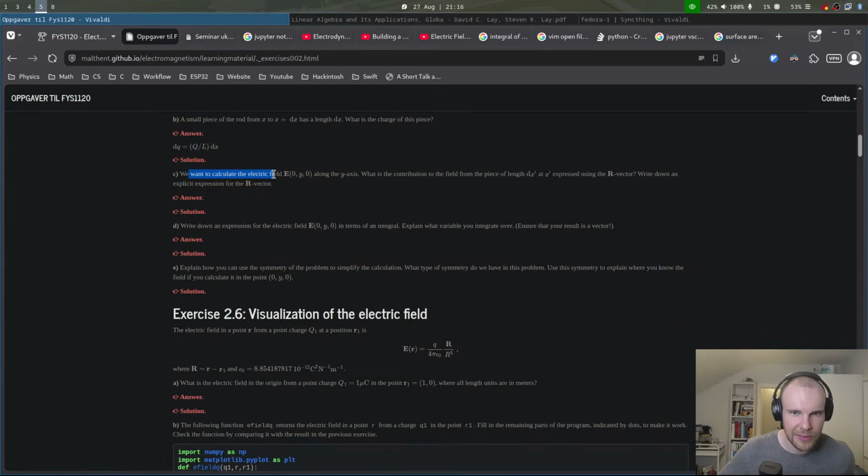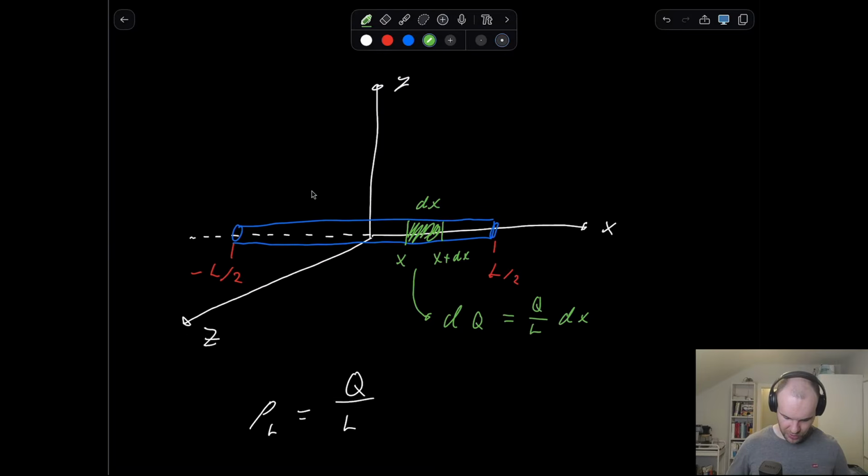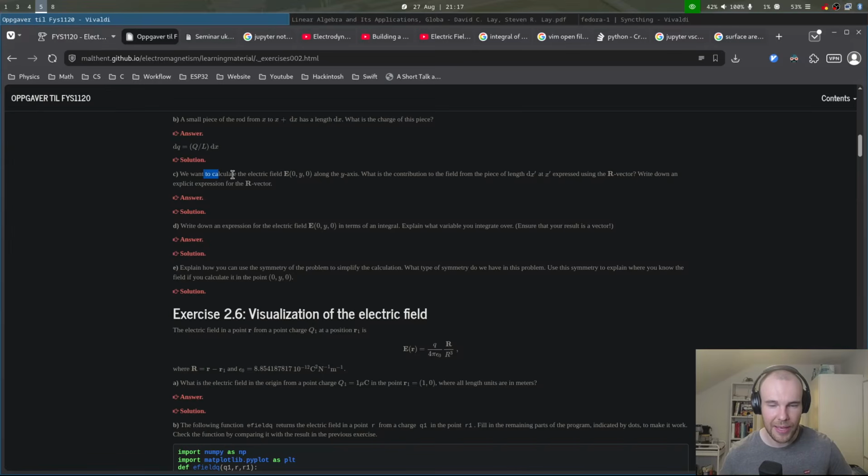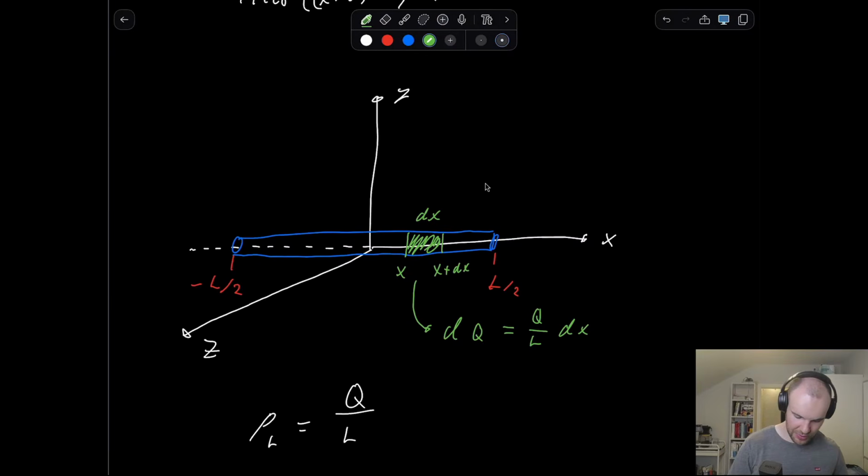Okay, we want to calculate the electric field at 0, y, 0 along the y-axis. What is the contribution to the field from the piece dx at x, expressed using the r vector? Write down an explicit expression for the r vector. Okay, so you see we have a rod here, and if we want to calculate the electric field on the y-axis, you could see that it's just in one direction, actually.